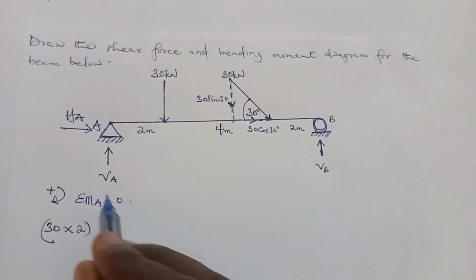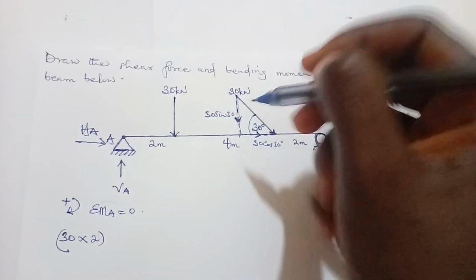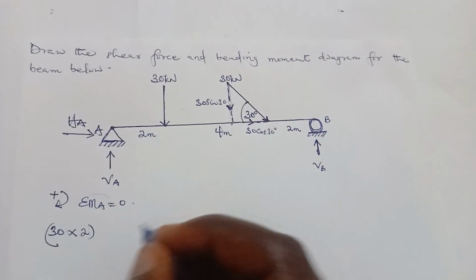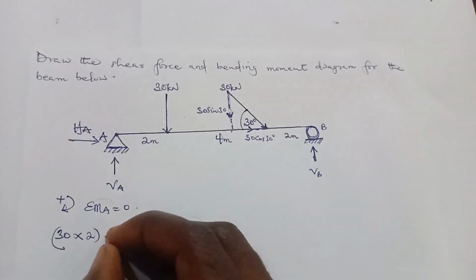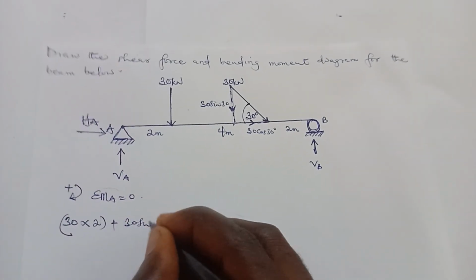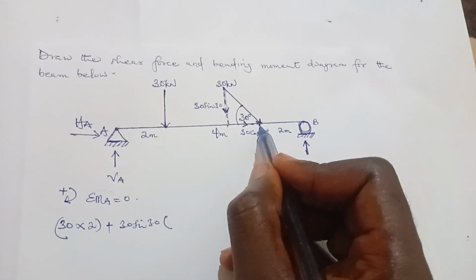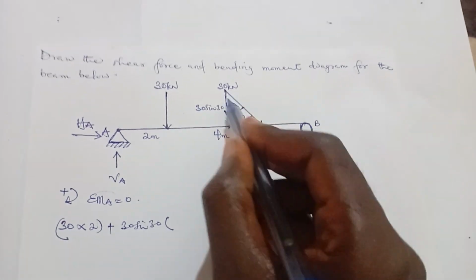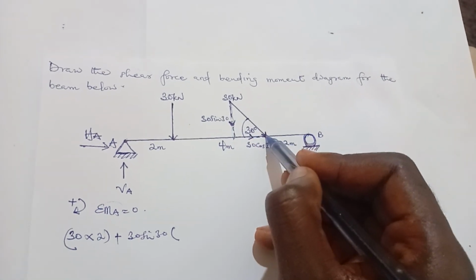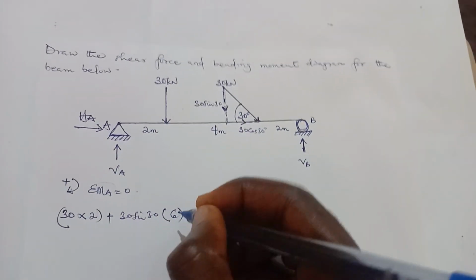So we are taking moments about A. This vertical component is going to cause a clockwise moment, so it's going to be plus 30 sine 30 multiplying the perpendicular distance. We have resolved the force into vertical and horizontal components, but it's still acting here. So the perpendicular distance is going to be 4 plus 2, which is 6.